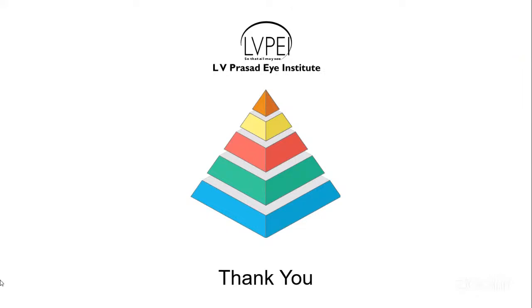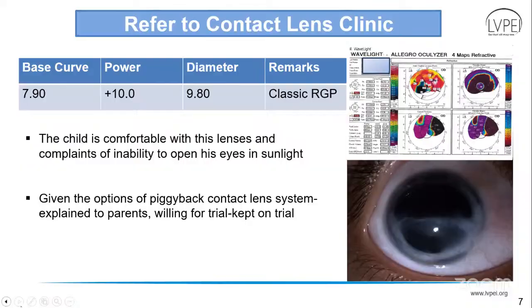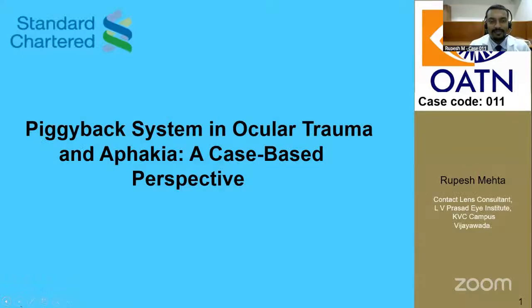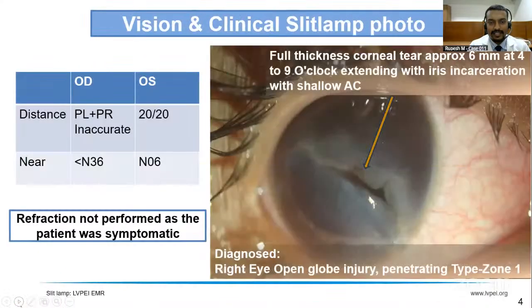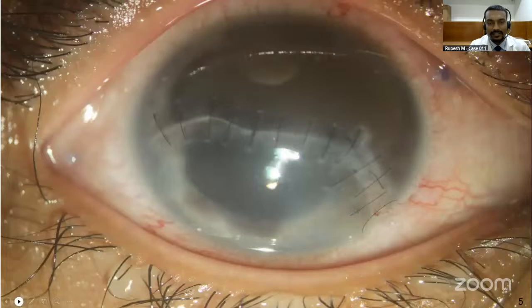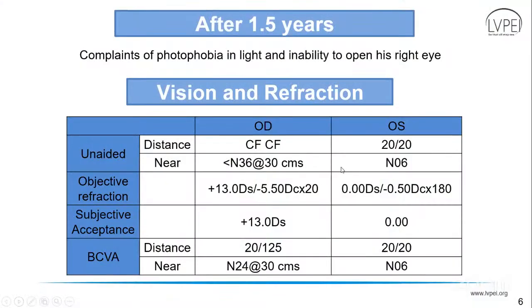Only spherical. So why didn't you just stop with the prosthetic lenses? What is the need for RGP here? So with RGP, as we look at the clinical picture, the surface of the cornea is irregular. I understand that, but that surface is not giving you any cylindrical.